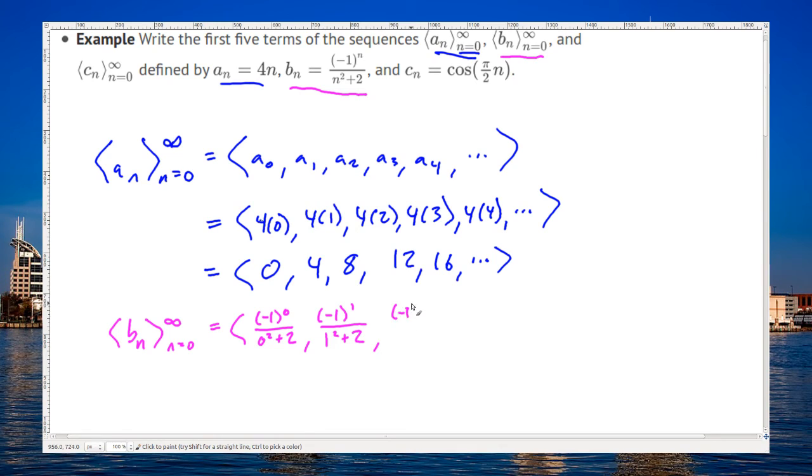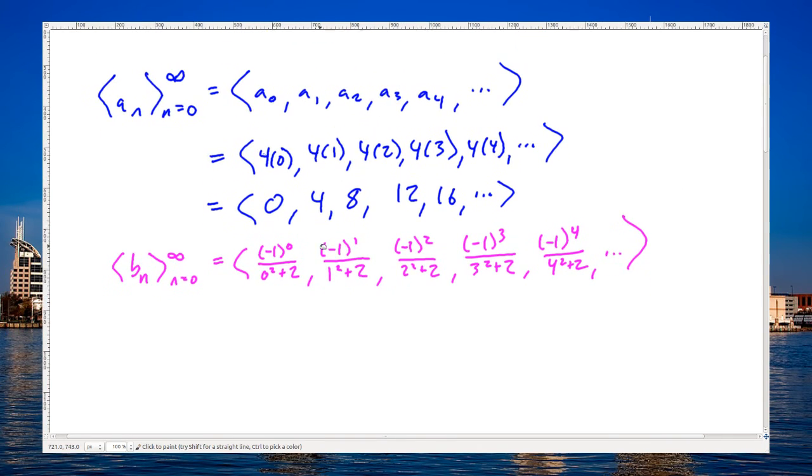Negative 1 squared over 2 squared plus 2. Negative 1 cubed over 3 squared plus 2, negative 1 to the fourth over 4 squared plus 2, and so on and so forth.